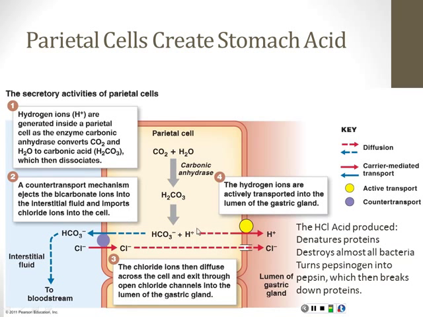So essentially, we've taken an acid, carbonic acid, we've split it, and we've sent the two pieces in two different directions. So the acid goes into the stomach, the bicarbonate goes into the bloodstream, all from a molecule of CO2. So it's kind of a nifty plan.